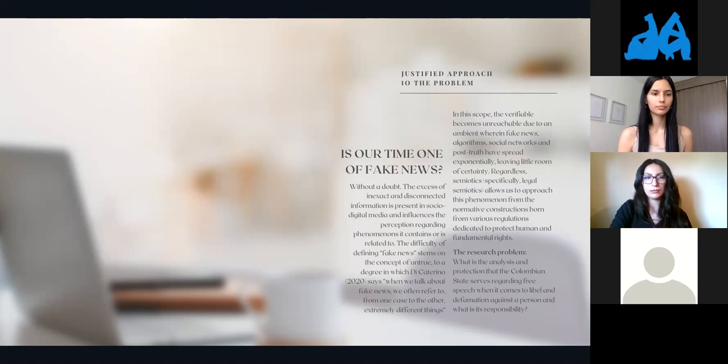This topic has been approached by the Constitutional Court in Colombia by asking who is emitting the fake news, who receives it, what's its content, and what reach does the fake news story have.